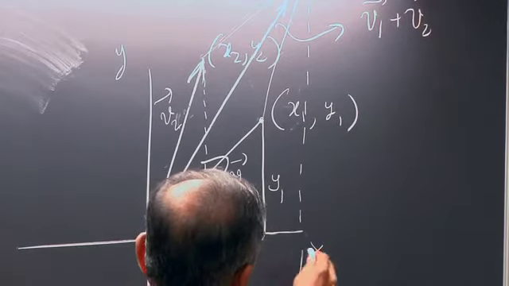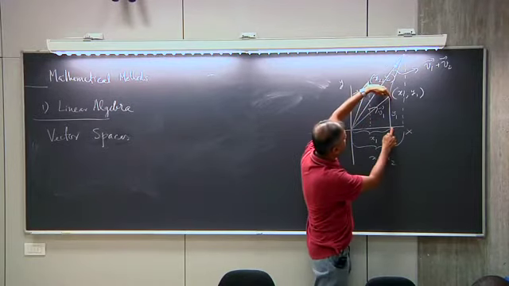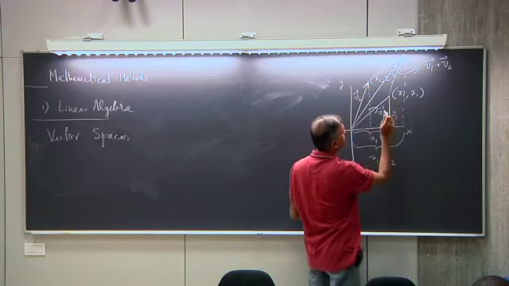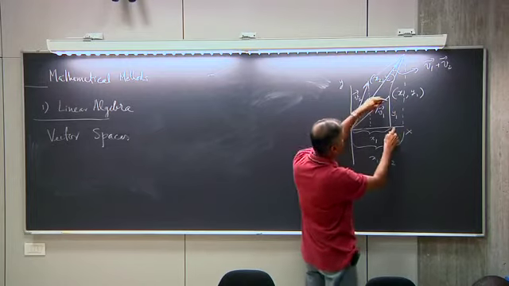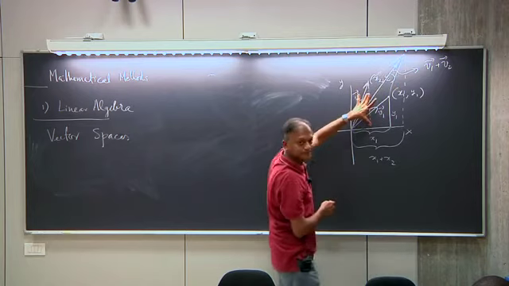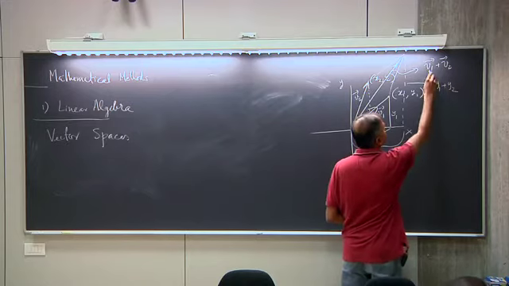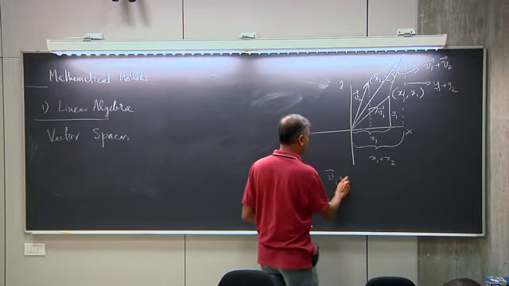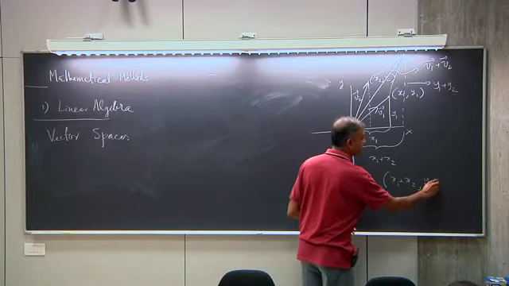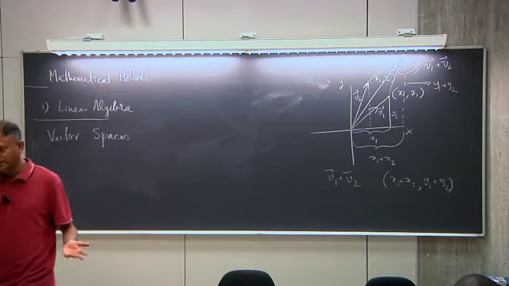So, this length will be x1 plus x2, and similarly, this length will be the sum of this length plus that length, right? That's easy to see because you draw a perpendicular here, a perpendicular like that, then this whole length is equal to that length plus that length, but that length is the same as that length, right? So this one is y1 plus y2. So, in other words, the vector v1 plus v2 has the coordinates x1 plus x2, comma y1 plus y2. Okay? This is the rule of addition of vectors in two dimensions.